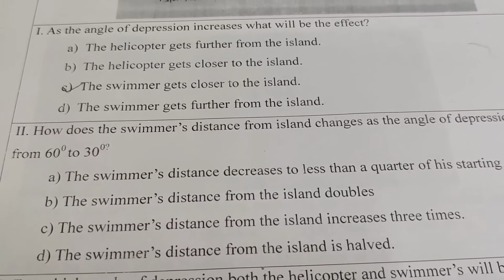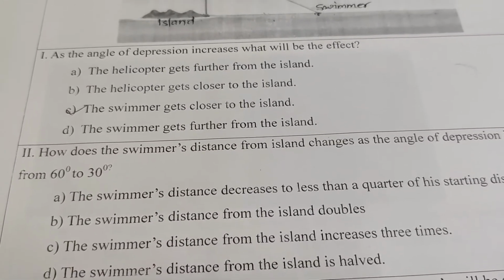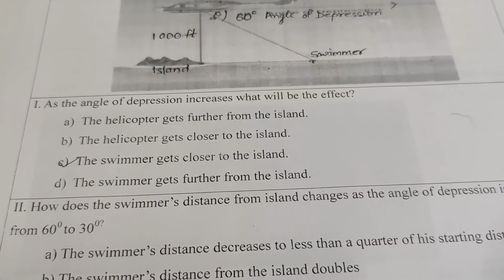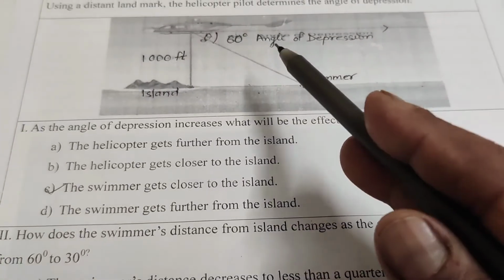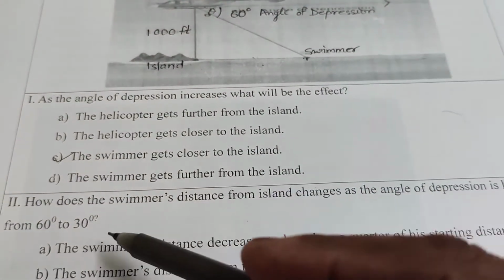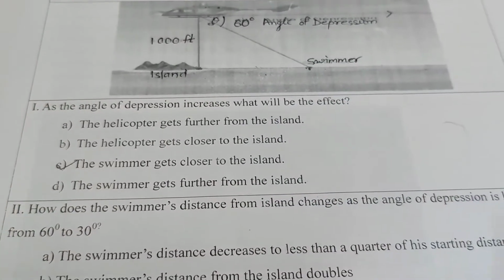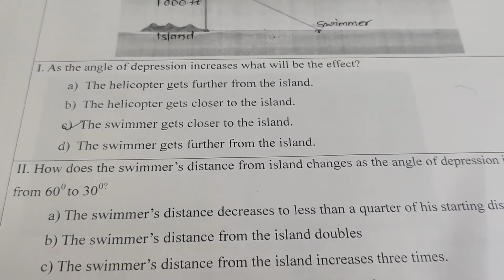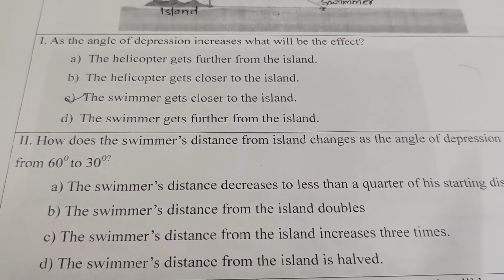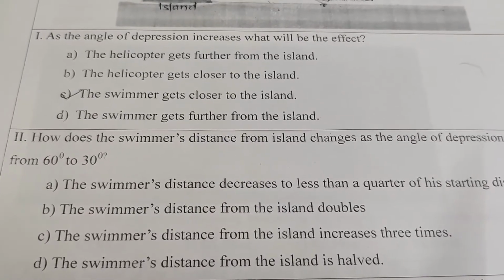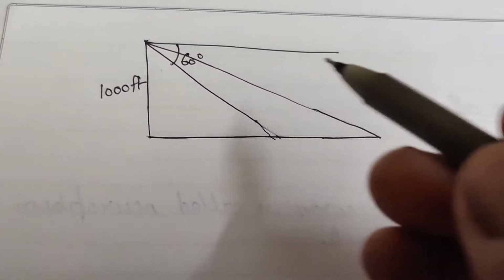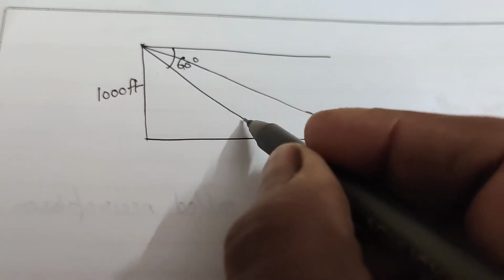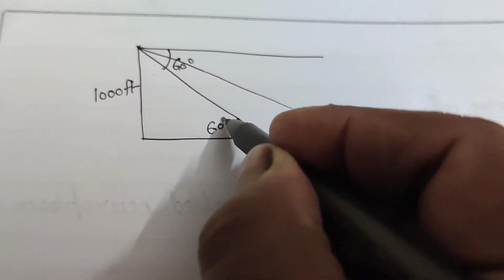Now we can check by solving this question. First we have to find the distance when the angle of depression is 60 degrees, and then when it is 30 degrees. Then we can give the answer. This is the figure. The angle of depression is 60 degrees, it means here is 60 degrees.